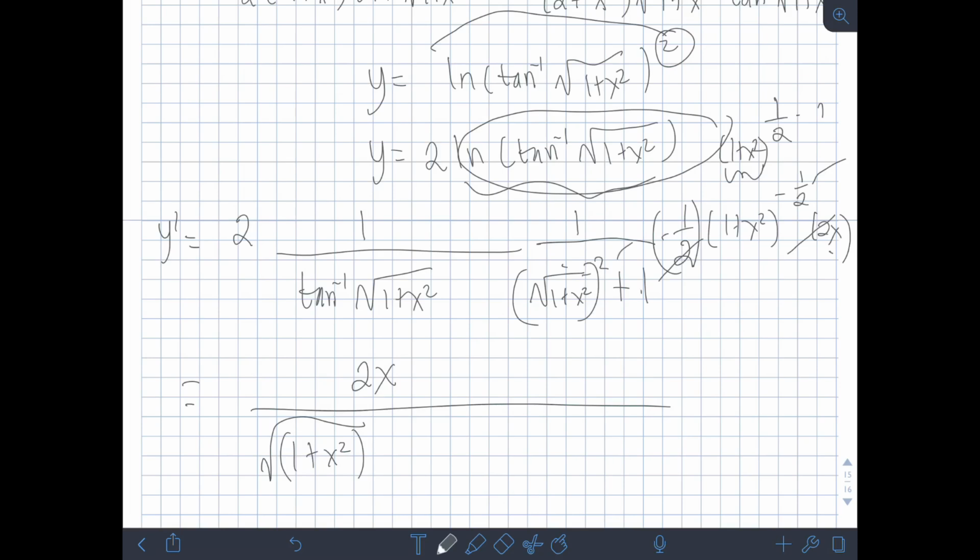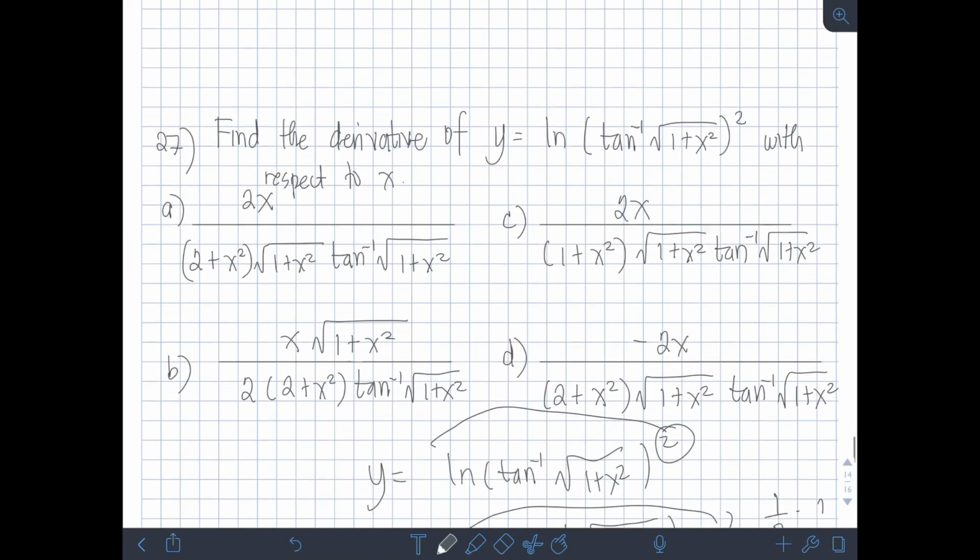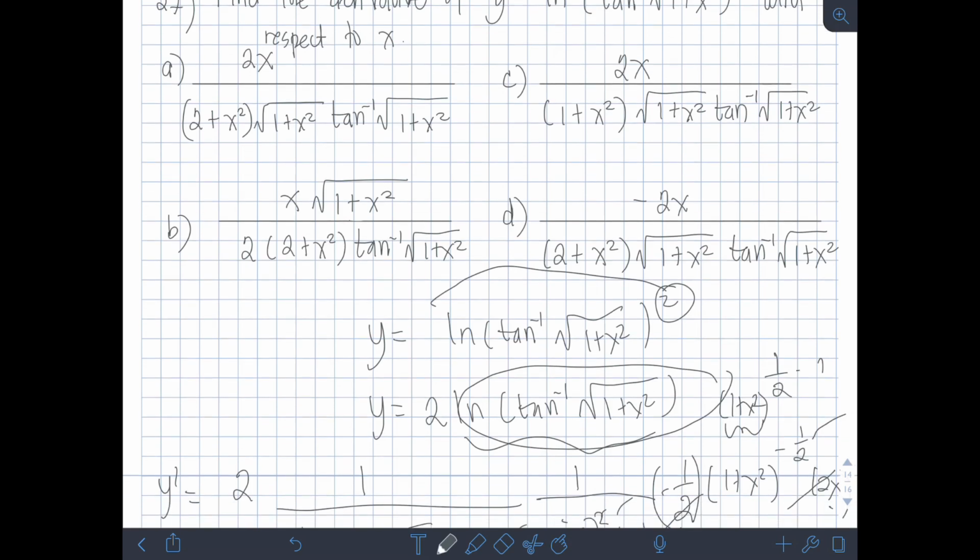Maeeliminate na natin yung square root kasi naka-squared siya. So, 1 plus x squared plus 1 na lang. Or simply, 2 plus x squared. And then, itong arctan of square root of 1 plus x squared. So, yun lang. Therefore, our answer is letter A.